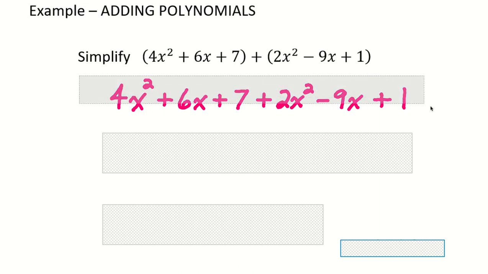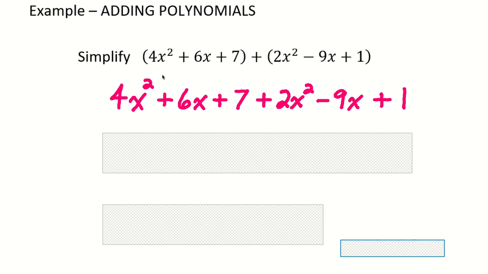So what this is going to amount to is just combining the terms that you can actually combine, like terms. This term and this term are like terms. They have the same x squared variable part. So this term and this term can combine.